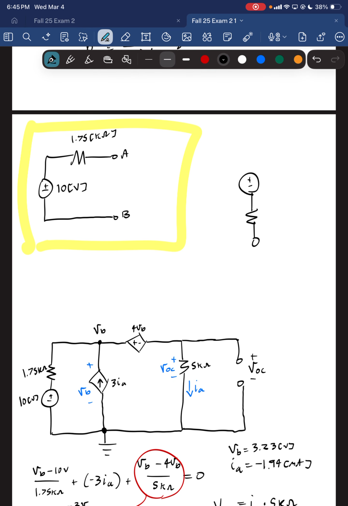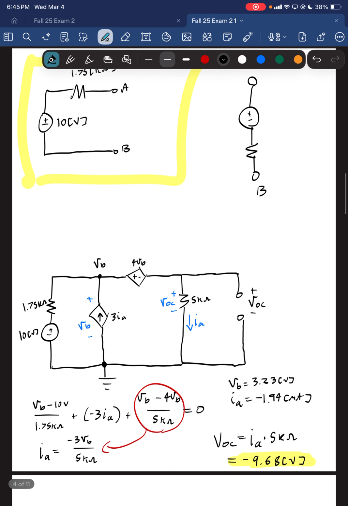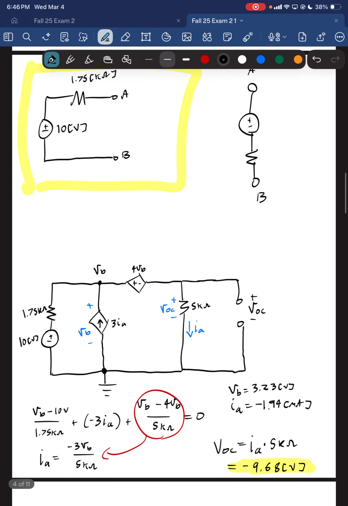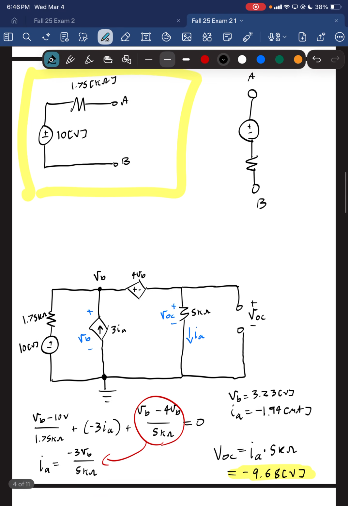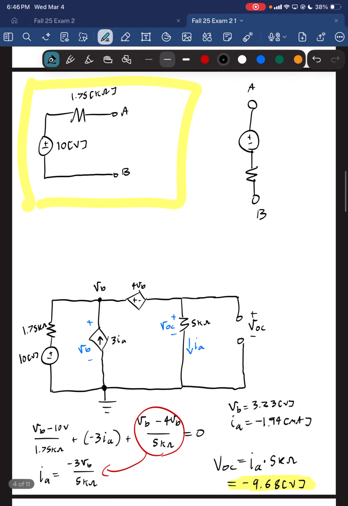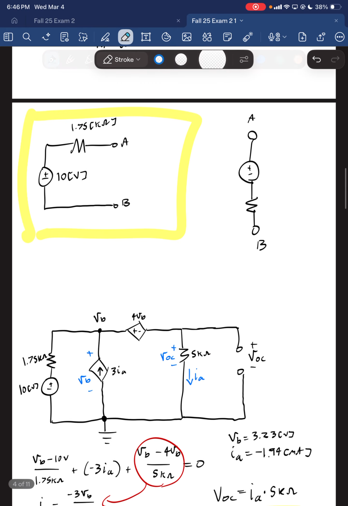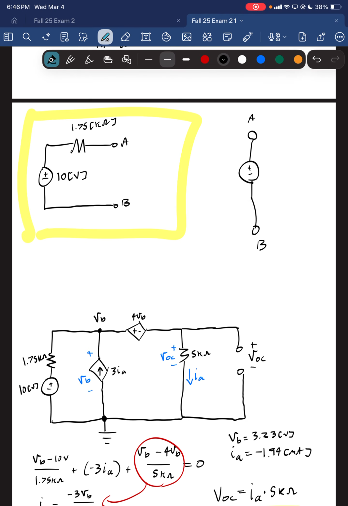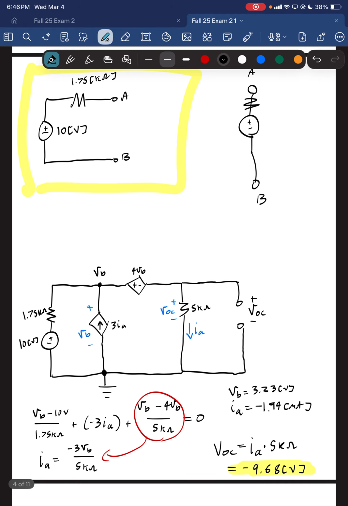So this is kind of what we're doing here. A, B, we're taking it and stretching it out, and we're connecting it into the circuit. So it's not open circuit anymore. So the resistor is on top, right? So it should be right there. But yeah, you're essentially taking that device model, making it vertical, and plugging it into the circuit where the device is.